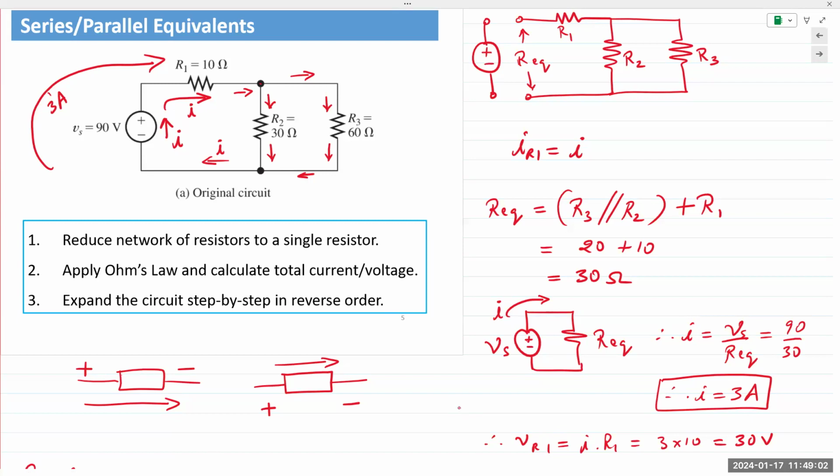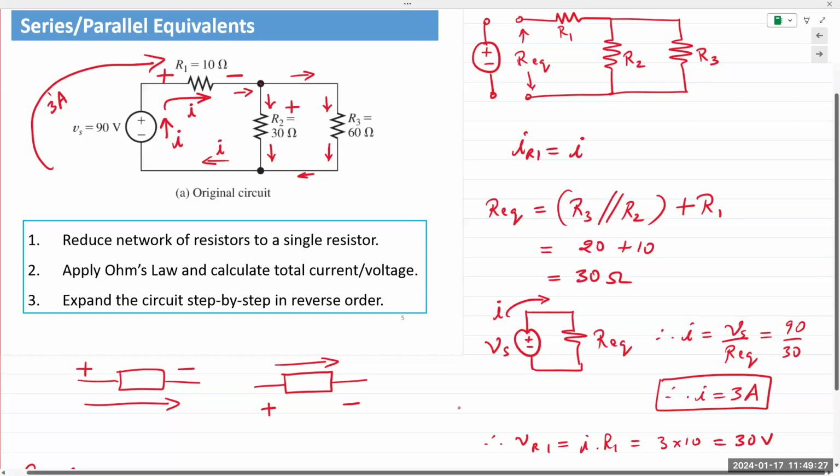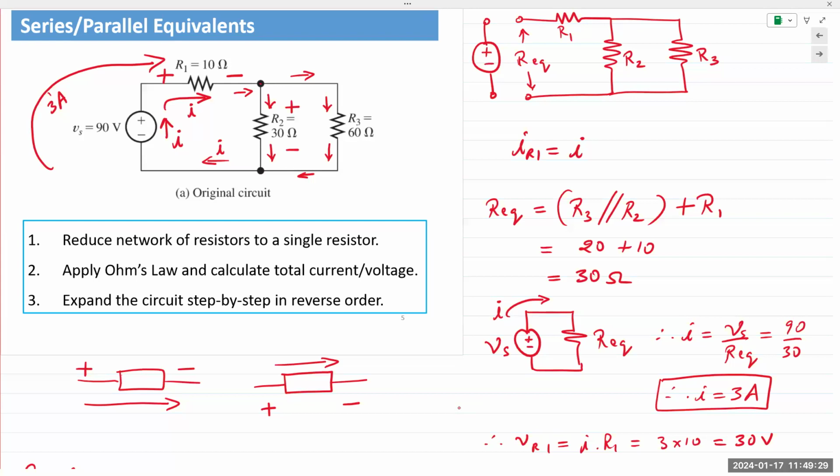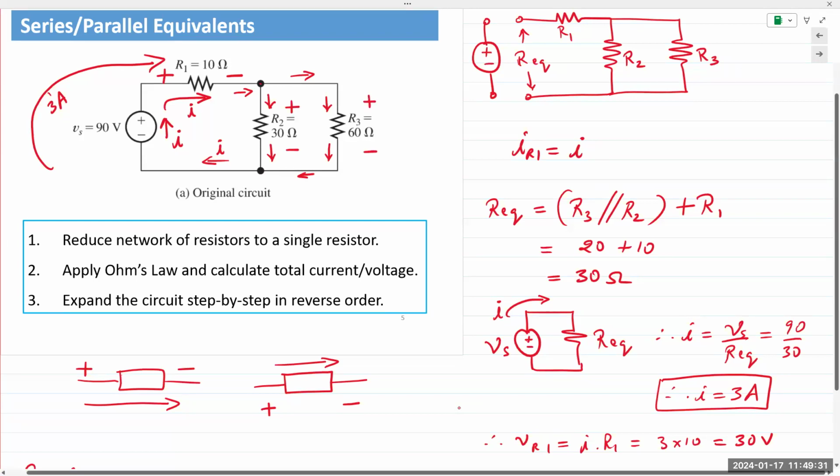So if current I is entering R1 through the left, then voltage polarity is plus on the left, minus on the right. Again, we are assuming the polarity, but it's based on logic. And the same rules apply to the voltage across R2 and R3. Point of entry is top, so plus at the top, minus at the bottom.